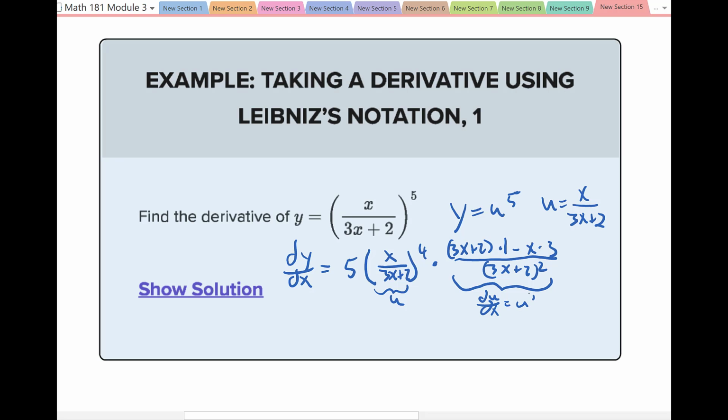There's a little bit of cleanup that can go along with this. We have dy dx equals 5 times x over 3x plus 2 to the fourth power, times 3x plus 2 minus 3x, all over 3x plus 2 squared. From here, these 3x's will go away, and we have this 5 times the 2.